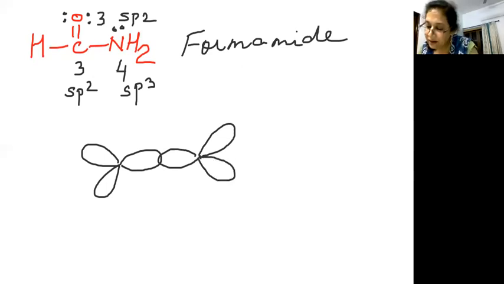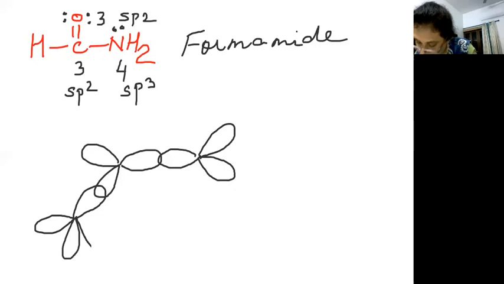I made my oxygen, and now I have nitrogen which is connected to carbon, and the nitrogen is sp3. So let me connect it to carbon and make it sp3. Fine, so I've made that. Now let me change the color, so that I can show you, this one is carbon, this one is oxygen, and this one is nitrogen. Fine.